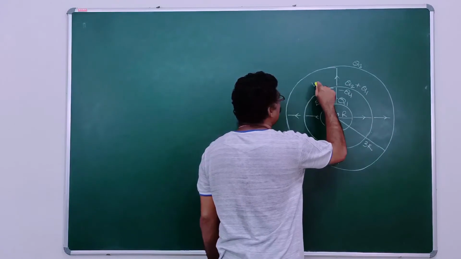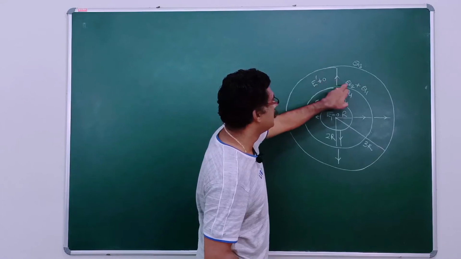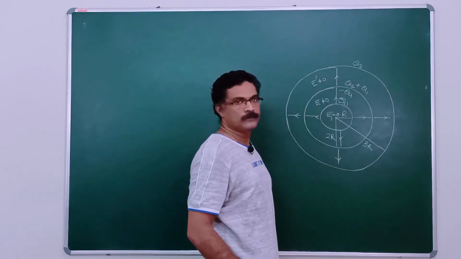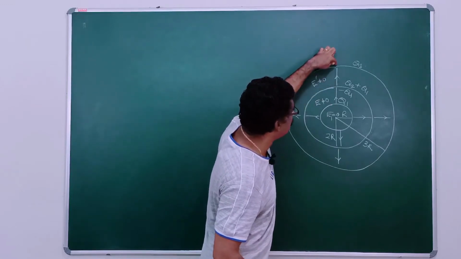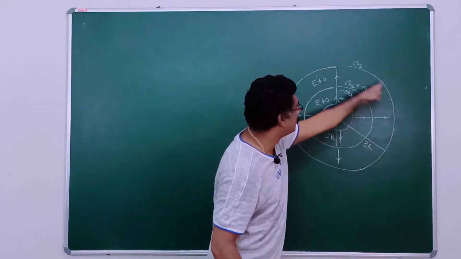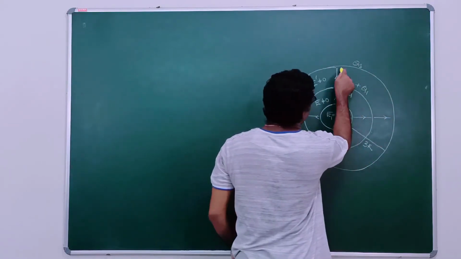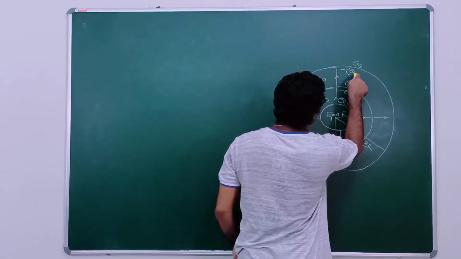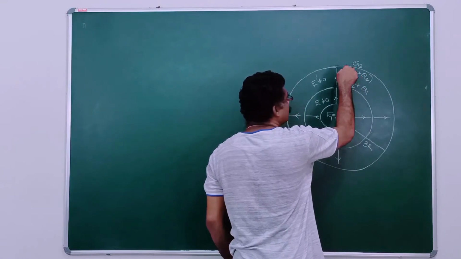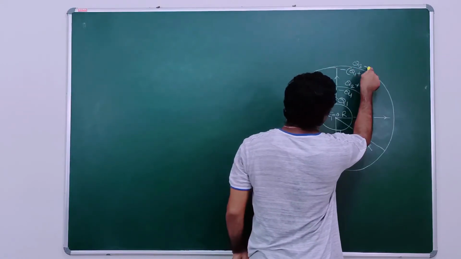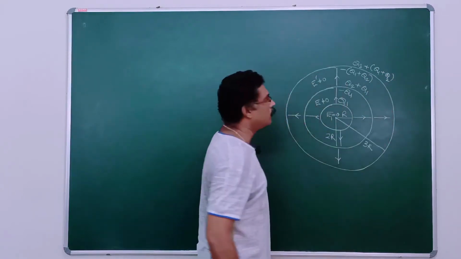So in this region also the electric field is not equal to 0, because the charges are there. Due to this electric field, induction will take place on the outer shell, and hence a negative Q1 plus Q2 charge will be induced on the inner surface, and a plus Q1 plus Q2 charge will be induced on the outer surface.